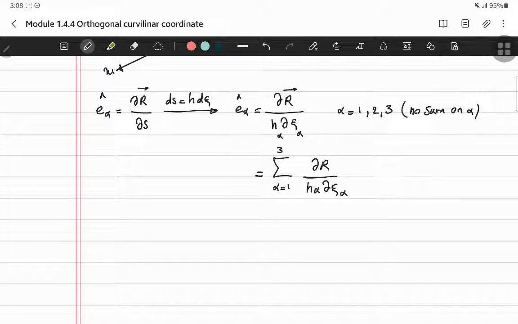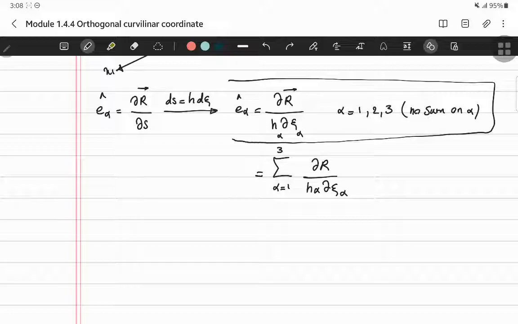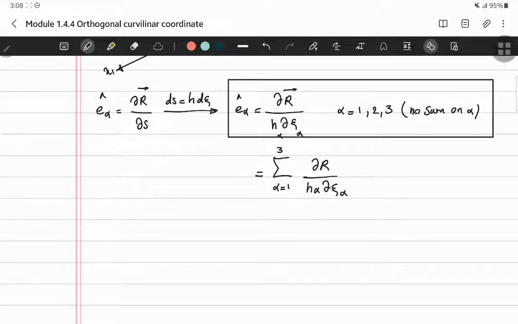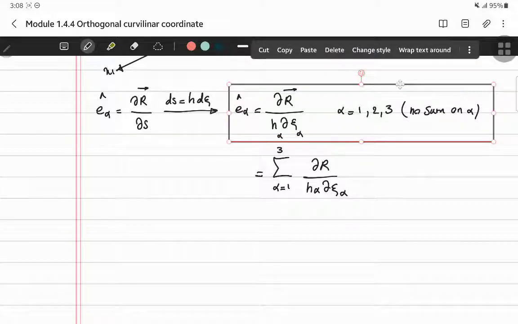So now, what is this H alpha? Let's define it. So we have this definition in here. This is very important. And maybe it is a good idea just to include this. Perfect. So just bring it a bit down.